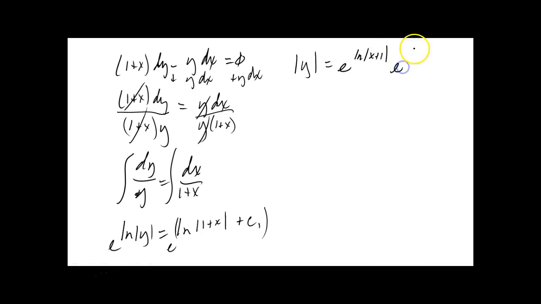Okay, e to the c1. Okay? Well, this becomes absolute value of y equal absolute value of x plus 1 times some constant. E to the c1, so c1 is a constant, that's just a constant, let's call that c.